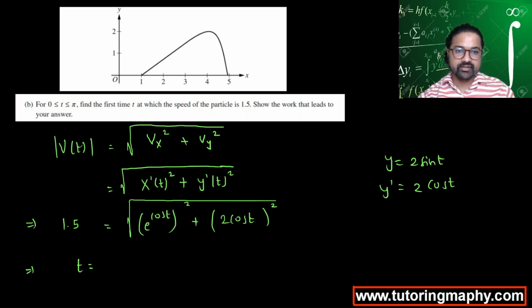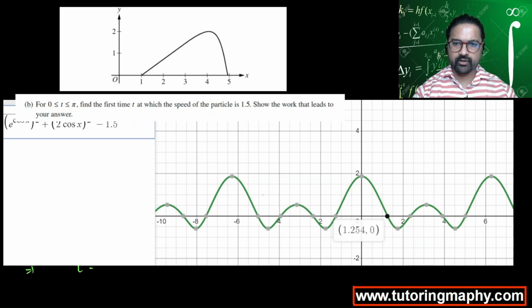I have ensured that my calculator is in radian mode, so I think I'm going to get the correct answer. All right, so the first time I'm getting from here is 1.254, and I'm going to pull that up so that you can also see. Okay, I'll explain what I did.